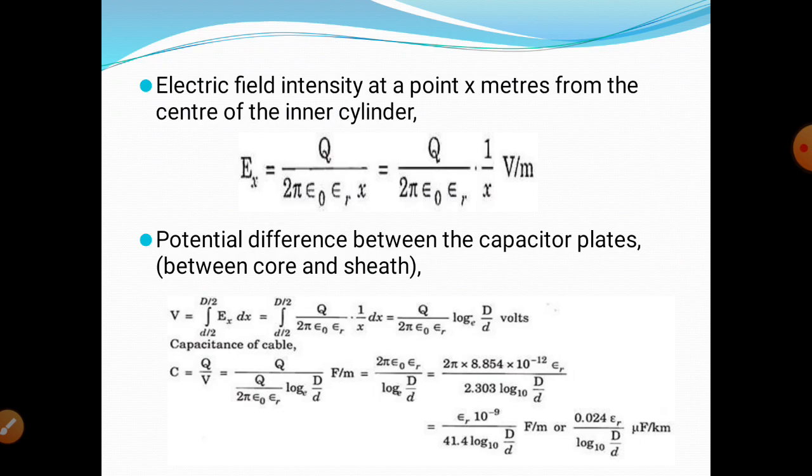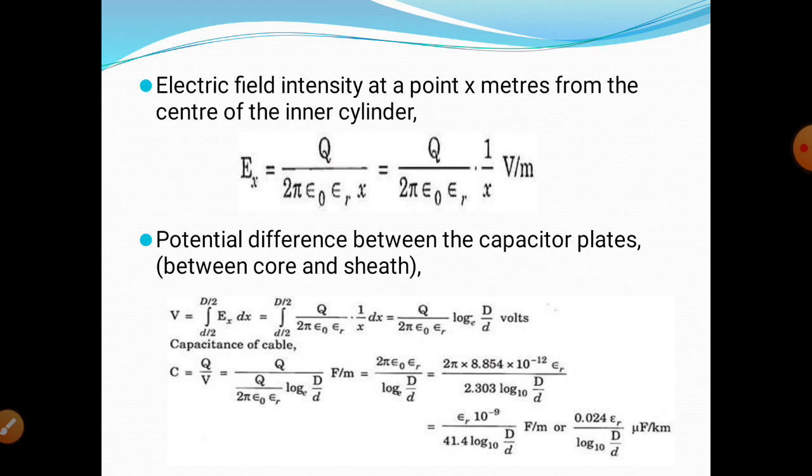Ex is the electric field intensity at a point x meter. Separating the value of x, the equation Ex can be rewritten as q by 2 pi epsilon naught epsilon r into 1 by x volt per meter.